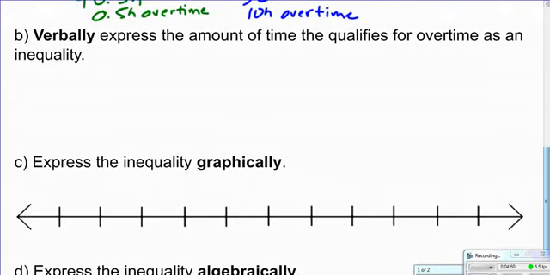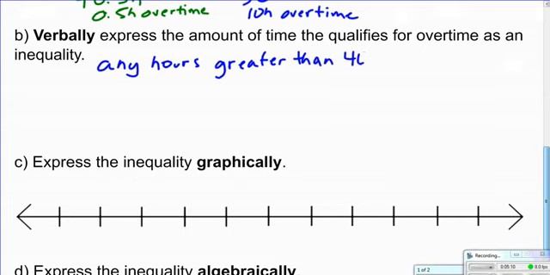So up to 40 hours, she makes regular pay, and then it's anything over 40, not including 40. So the way that we would say this is any hours over, so greater than 40 hours per week.